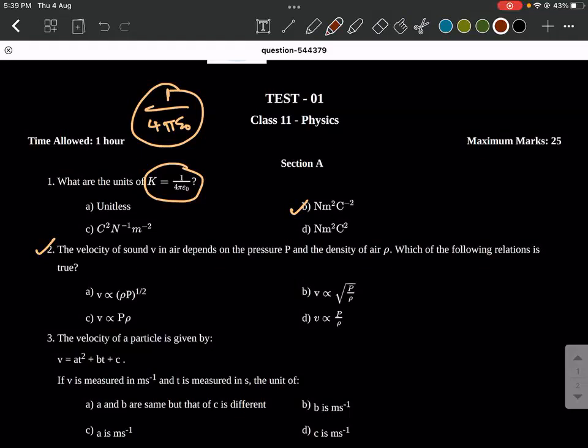So the velocity of sound in air depends on the pressure and density. Which of the following relations would be correct? So what are the steps to be followed?